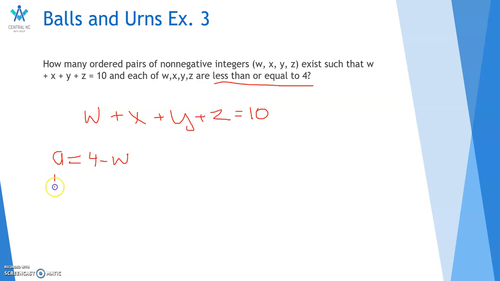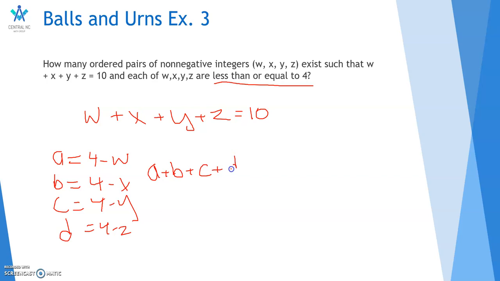Because if we go ahead and finish this process with the other variables, and we add these up, we're going to get a plus b plus c plus d equals 16 minus w plus x plus y plus z, which is equal to 16 minus 10, because we know the value of that equation is 10 right there.